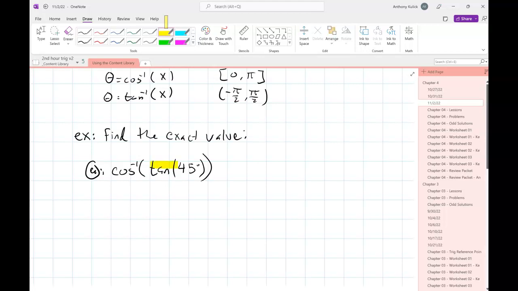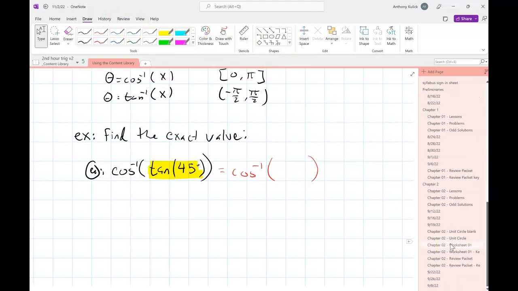So the first thing we're going to look for is tangent of 45. How do I do tangent of 45? Well, if I want an exact value, I probably don't want to go to my calculator. I go to my unit circle. Great, let's paste one of those in here.